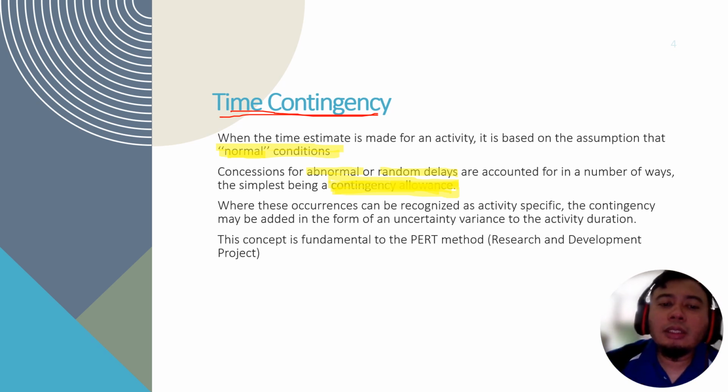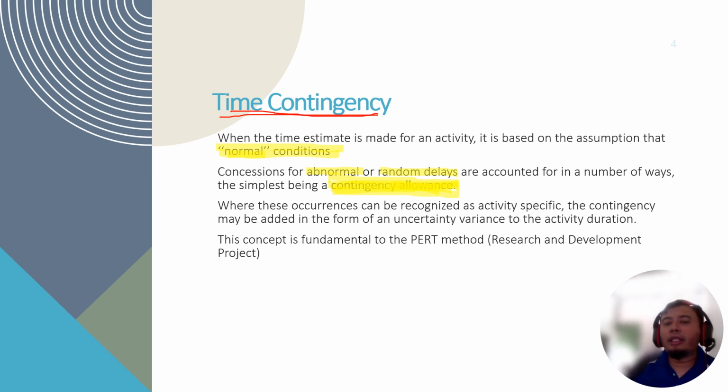Where these occurrences can be recognized as activity specific, like I've mentioned before, excavation work cannot be executed during heavy rain, during raining season. So that is activity specific.